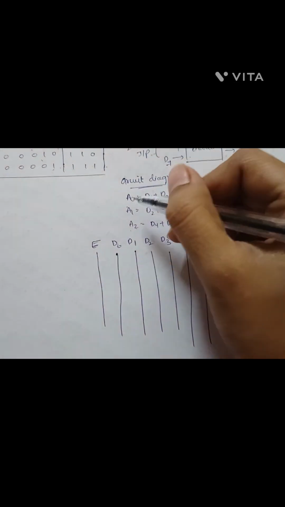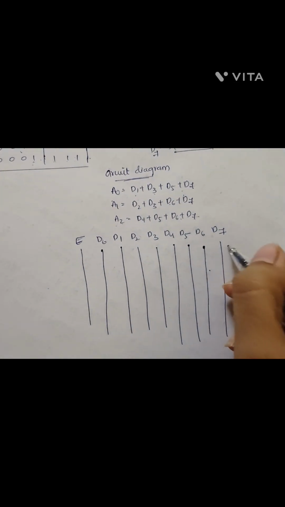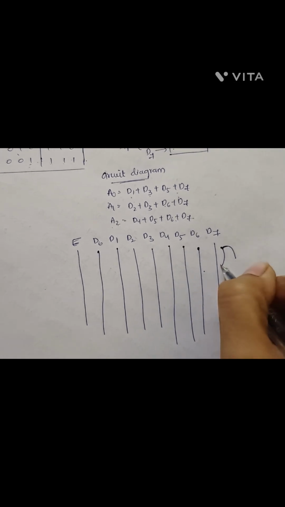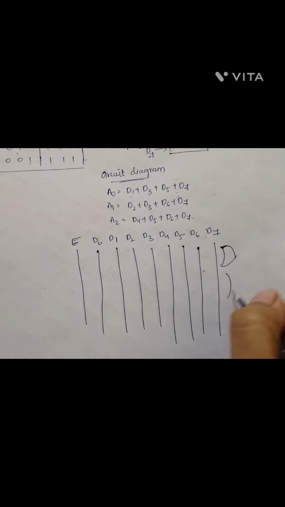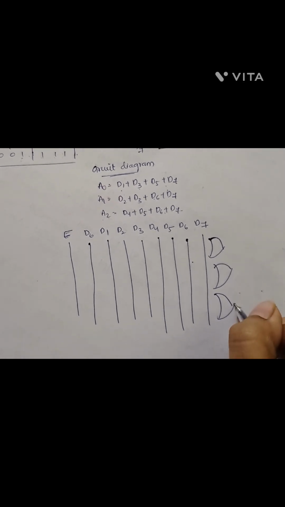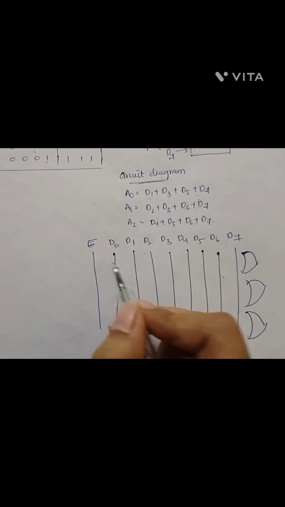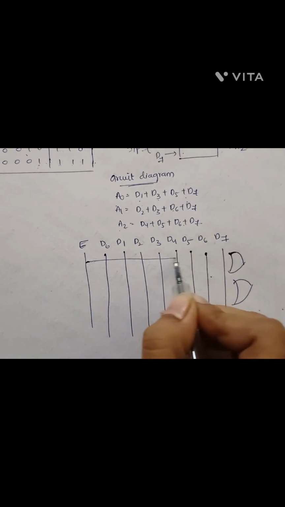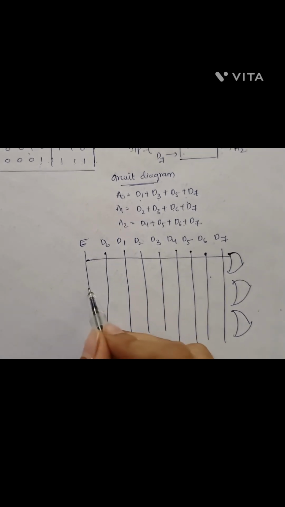As we know, we have 3 outputs, so we require 3 OR gates. For every OR gate, enable is given as an input since the circuit has to be activated.